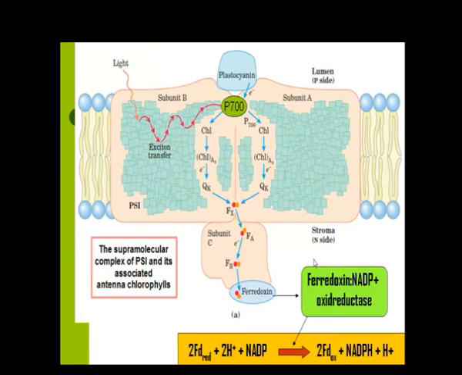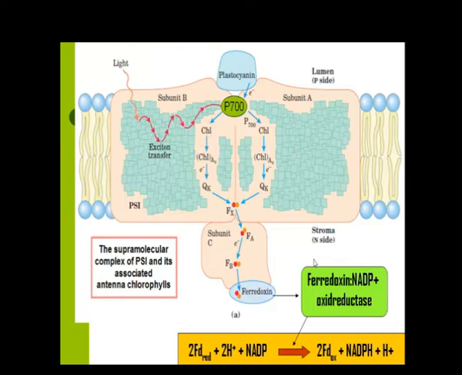When plastocyanin gives it to P700, it goes through many intermediate molecules, after which it comes to ferredoxin-NADP oxidoreductase, and NADP gets converted to NADPH plus H plus.